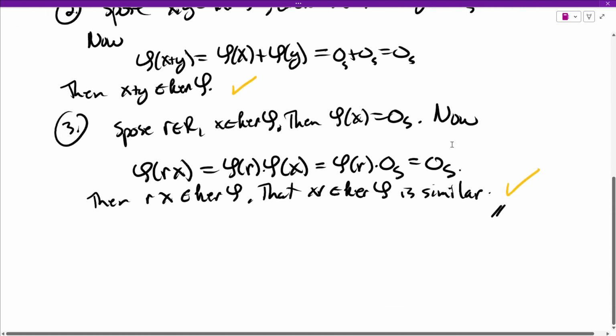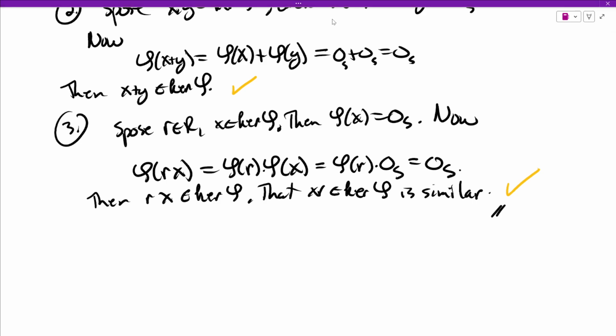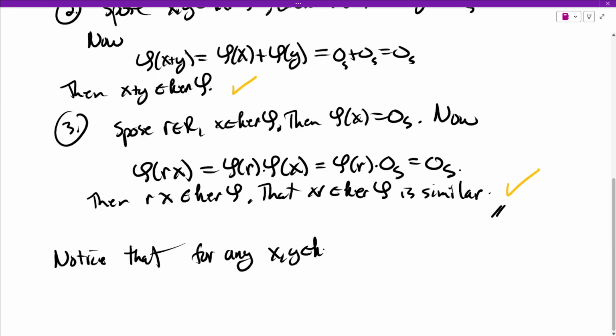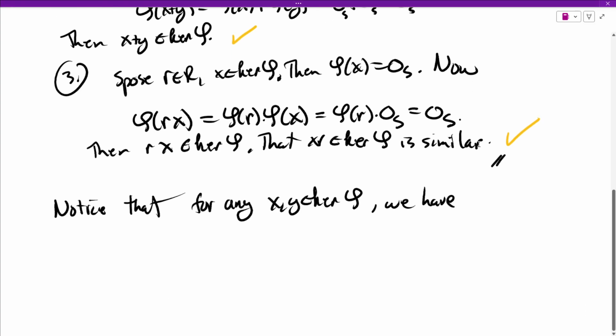Okay, let me note one thing here as a quick consequence. The proof has been done, but notice that for any x, y in the kernel, well, -1 is an element of R. It may not be in the kernel, but it's certainly an element of R. So -1 times y is in the kernel.